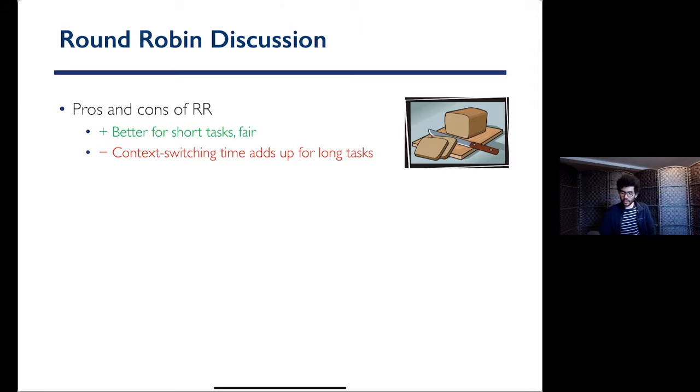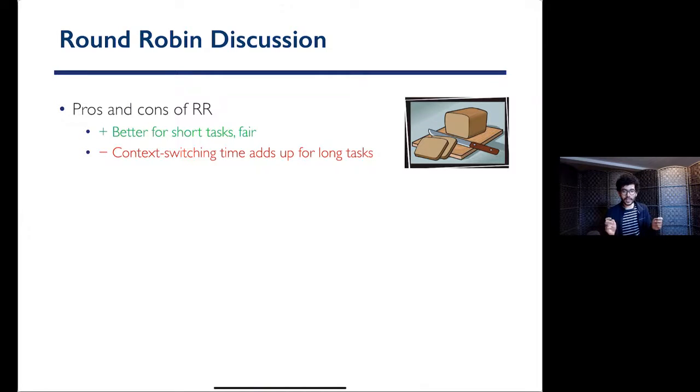Right. So if the overhead of context switching is non-zero, then what happens to throughput? So we can now compare FCFS and round robin in terms of throughput. If I don't do this, remind me to do this comparison.